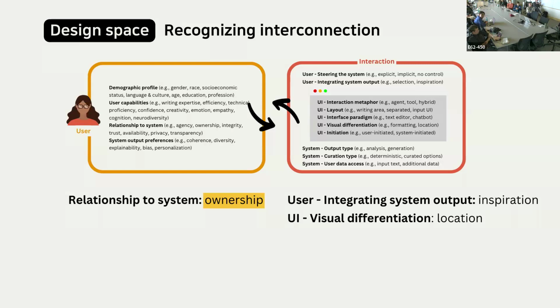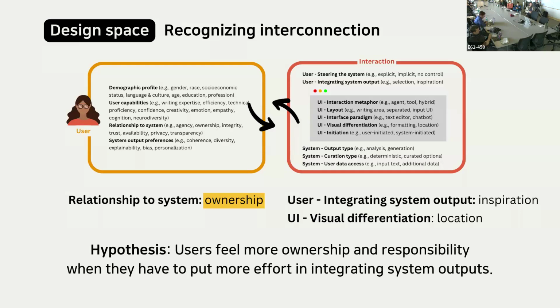Or you could also visually differentiate, maybe with a different format, so that it's easier for users to check which parts are actually written by AI, and if they want to verify or edit it so that it's more user written, they can do that, or you can put it in a different location so that there's more work needed to integrate the output.